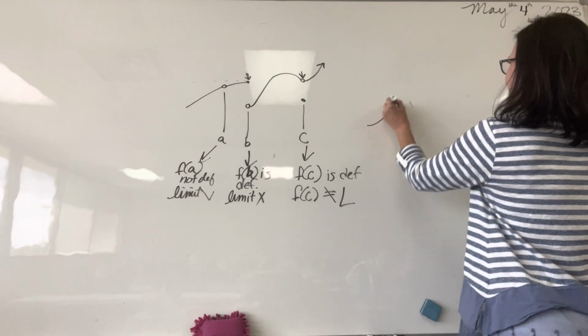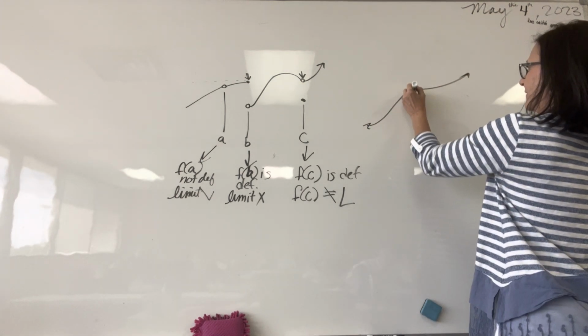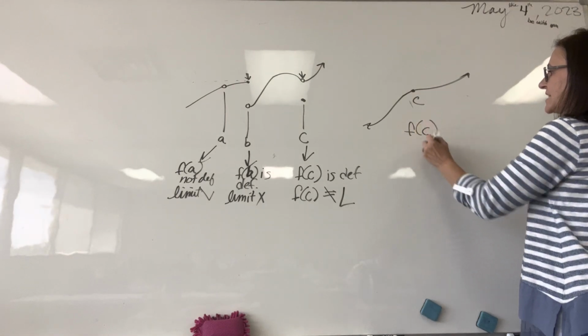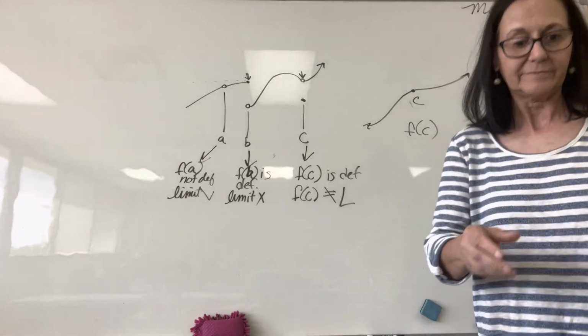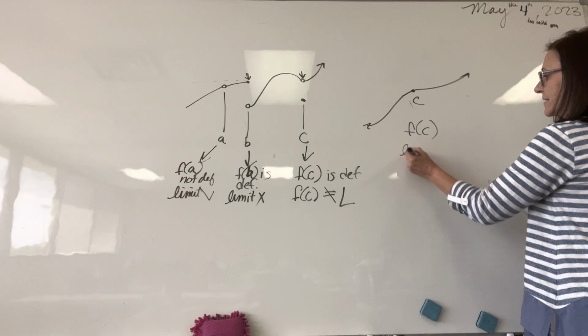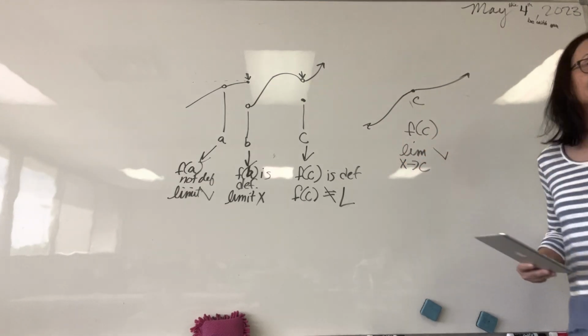That's none of these. That is this. F of c, I plug it in, it exists. The limit as x approaches c does exist.